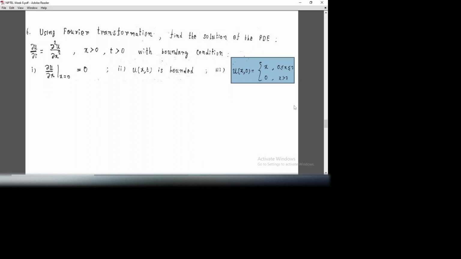Now let us go. First we have to do the Fourier transformation. So first look at the boundary condition, del u del x at x equal to 0 is 0. Looking at the form of this Fourier transform, and keeping in mind that we have only access to the half range, we see that we have to use the Fourier cosine transformation.